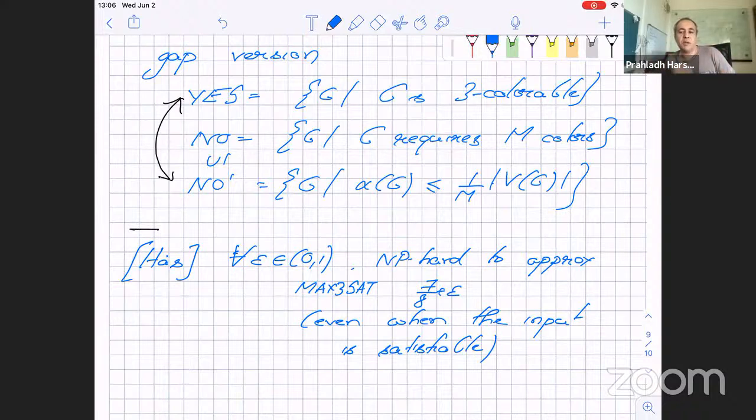The question is, can you do 7 by 8 plus epsilon? And in that one paper Harstad proves a whole bunch of other results. A few other problems he manages to show all have tight approximation results.